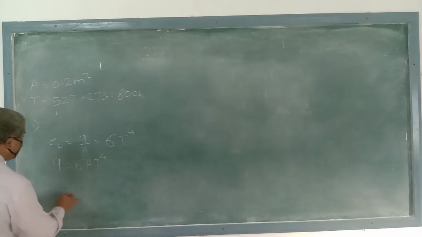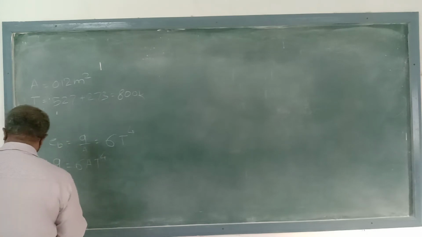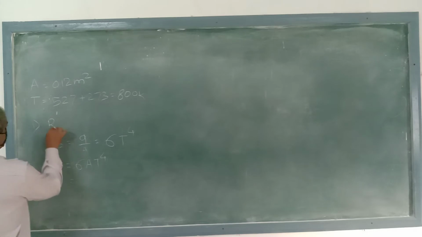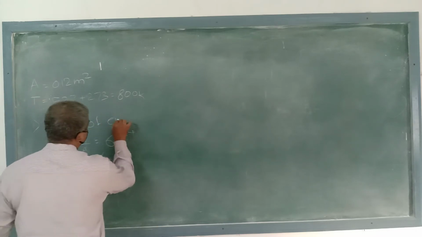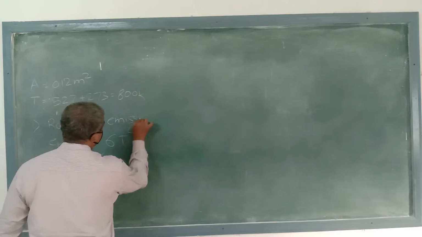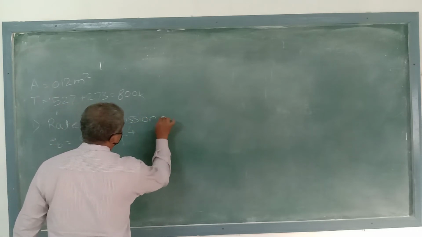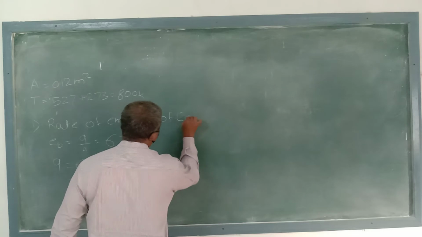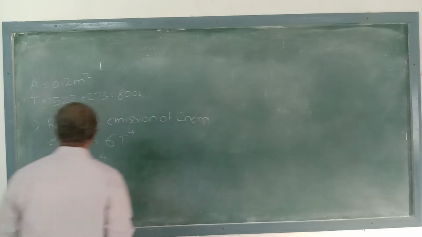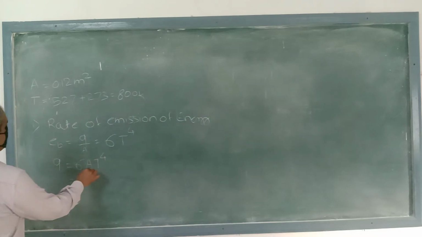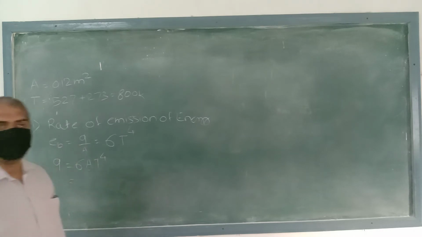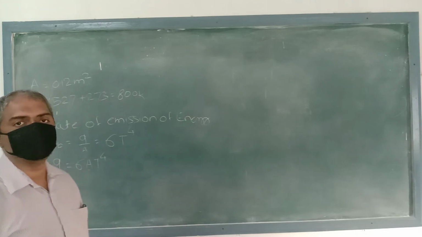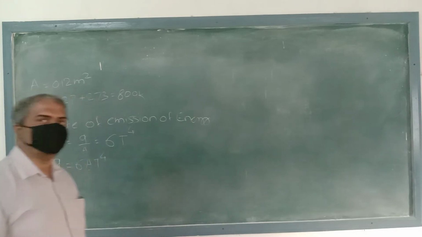So in this numerical, they have mentioned the area, they have given the temperature. We know the Stefan-Boltzmann constant value is 5.67 into 10 raised to minus 8 watt per meter square Kelvin raised to 4.